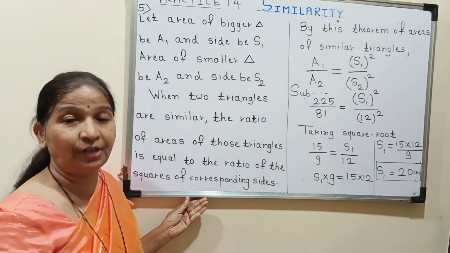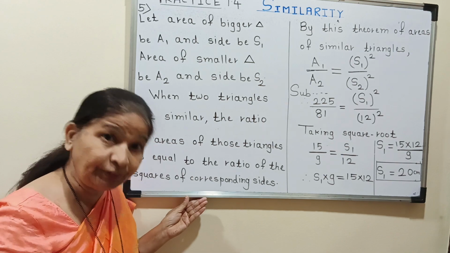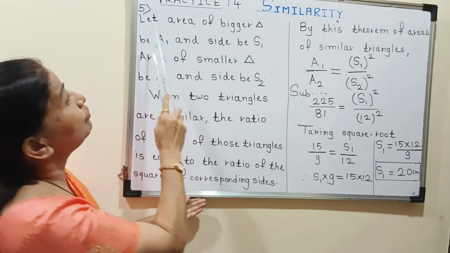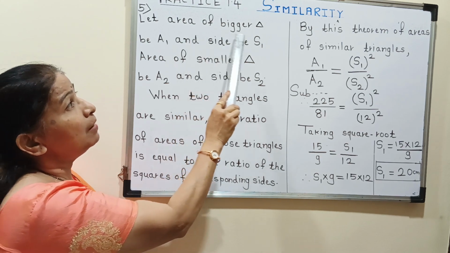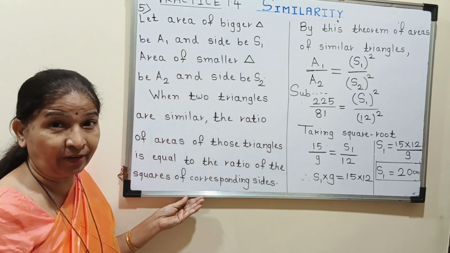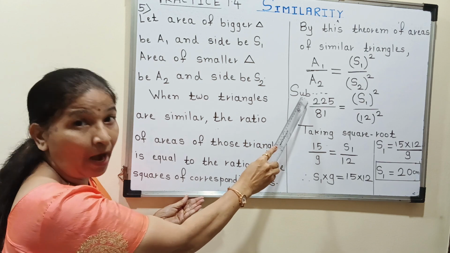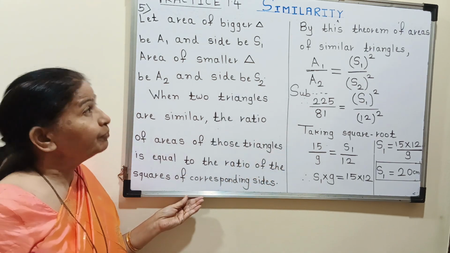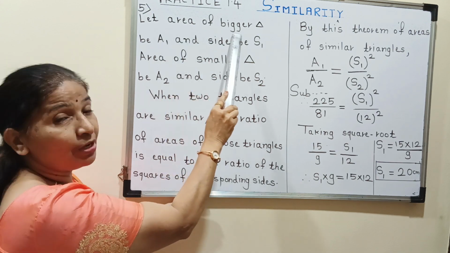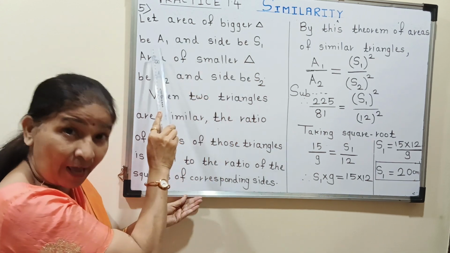225 square centimeter. For this, at first we will assume the area of the bigger triangle, which they had provided as 225 square centimeter, as A1.